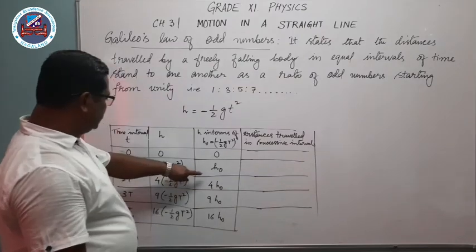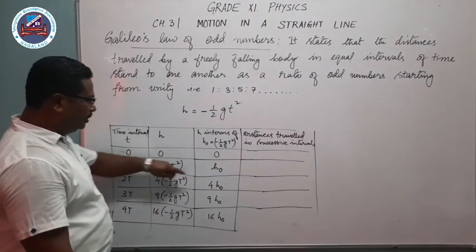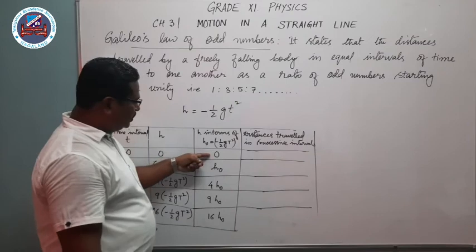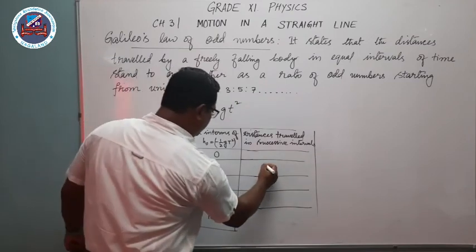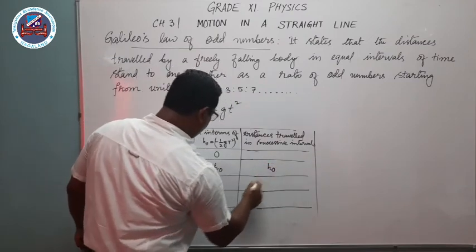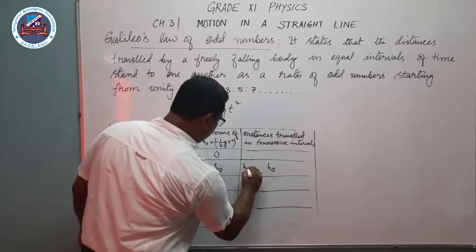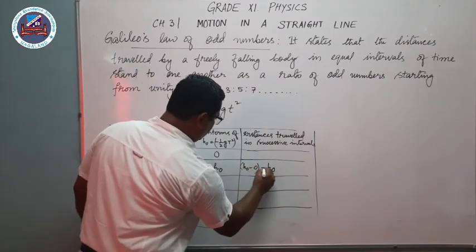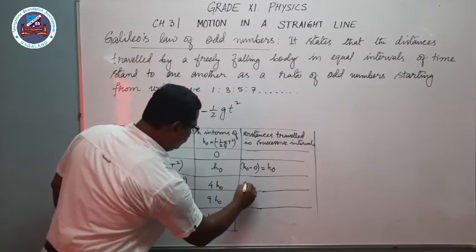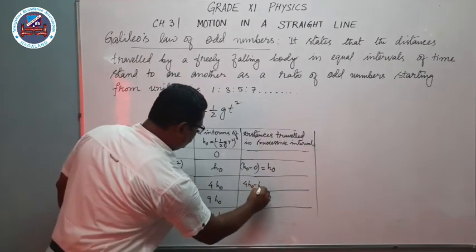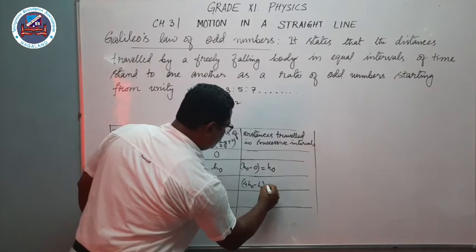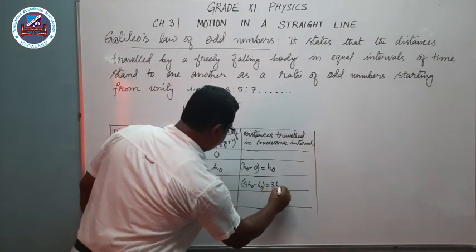Between the two successive intervals t and 0, h naught minus 0 becomes h naught. 4h naught minus h naught gives you 3h naught.